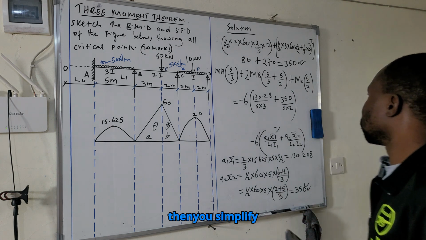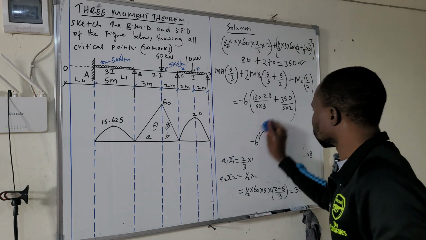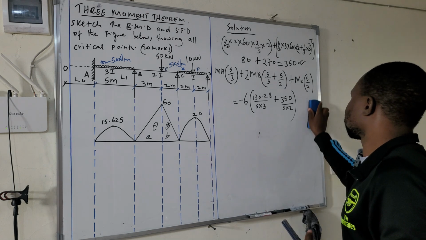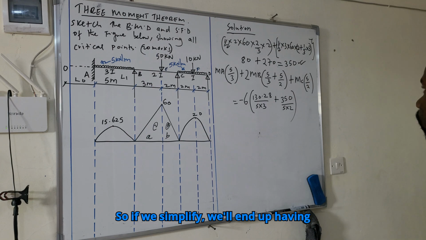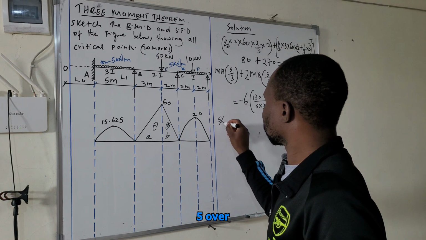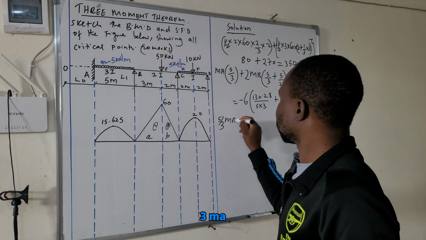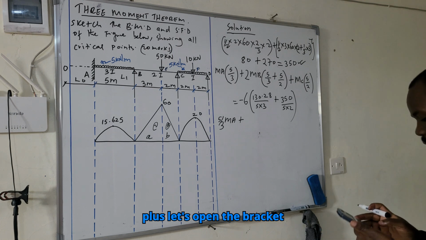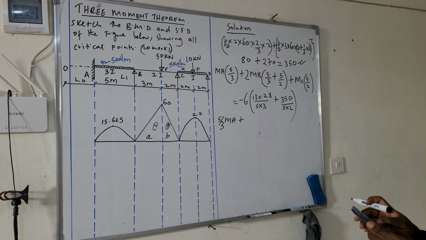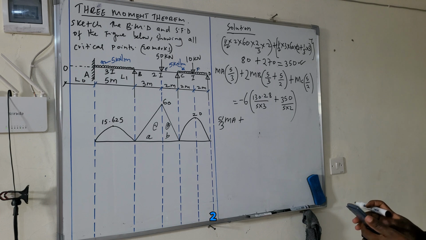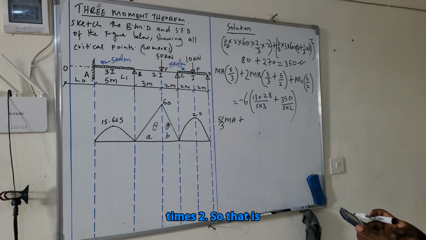Then you simplify your expression. So if we simplify, we'll end up having 5 over 3 MA plus, let's open the bracket, 5 over 3 plus 5 over 2 times 2.